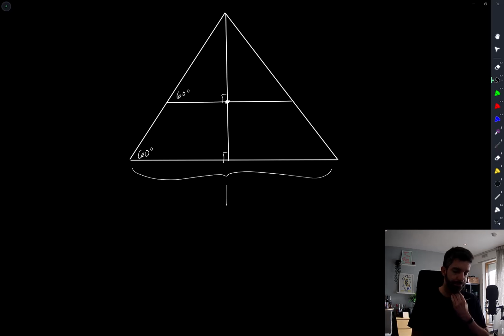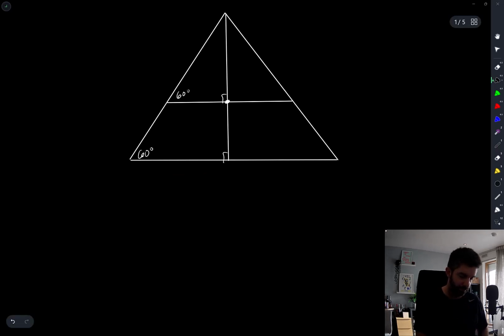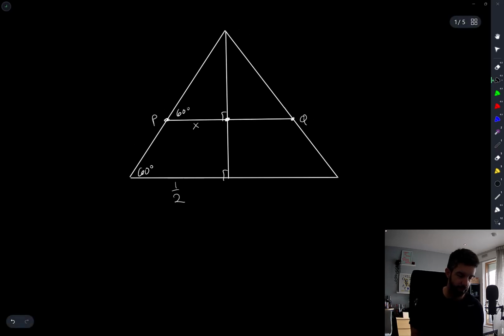Okay. So this is 1/2. I'm going to call that x. We need to find x and then multiply it by 2. So that would be the point P, that would be the point Q. Okay.